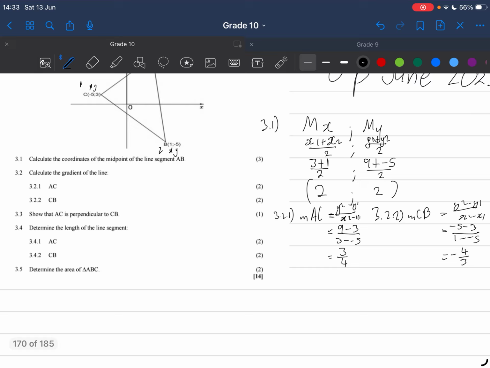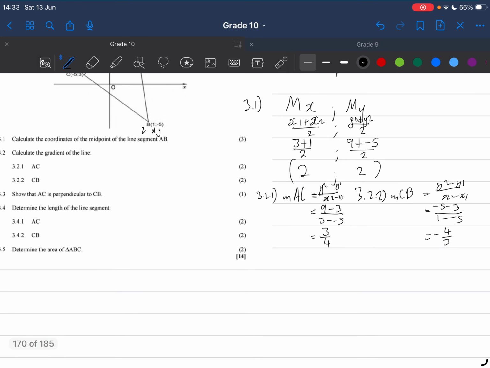Show that AC is perpendicular to CB. So 3.3, for perpendicular lines, when you multiply their gradients. Whenever they talk about parallel or perpendicular, it's time to think about gradient. Now for perpendicular, it's the gradient of that first line, AC, times the gradient of the second line, CB.